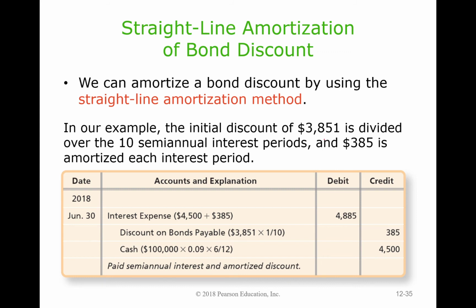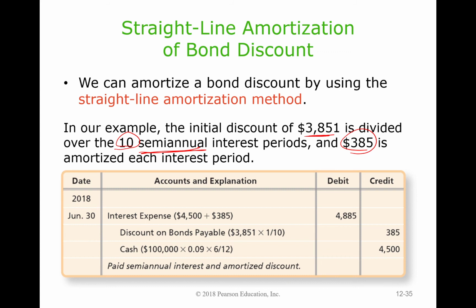We had an initial discount of $3,851. Because we pay interest on this bond over 10 semi-annual periods, we divide the $3,851 by 10 to see that we have $385 that we essentially have to credit to that discount. Because as time goes by, it's sort of like what we see with depreciation.